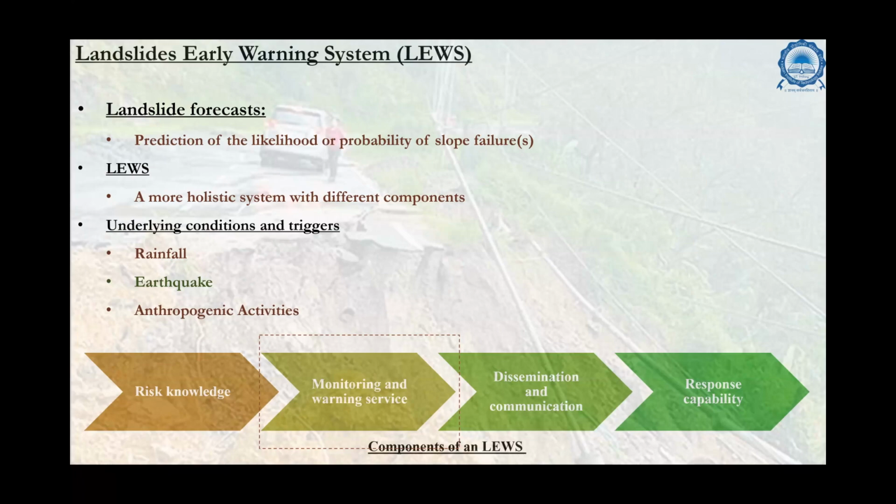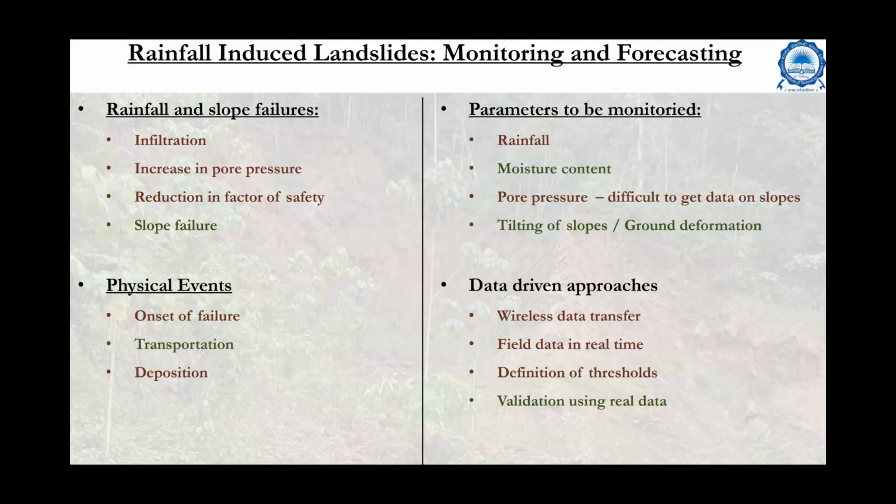So a warning system is not so easy unless the geotechnical and geohydrological aspects of the area are well understood, and you do your analysis and forecasting for susceptibility to build it up. And then finally, the response capability. Mostly today I will be focusing on how we have been developing the warning system through monitoring. That's my focus.